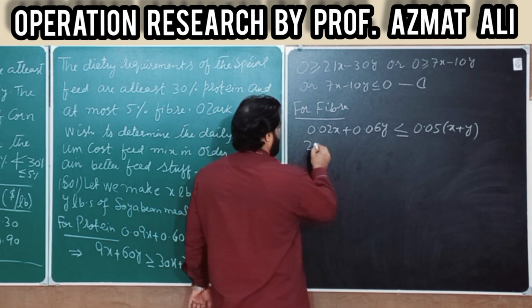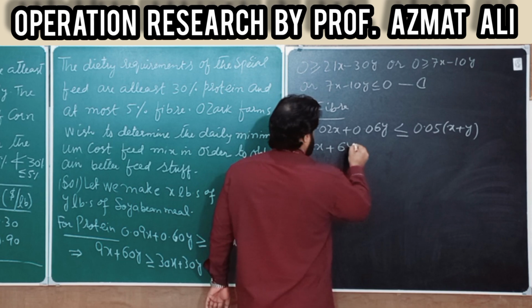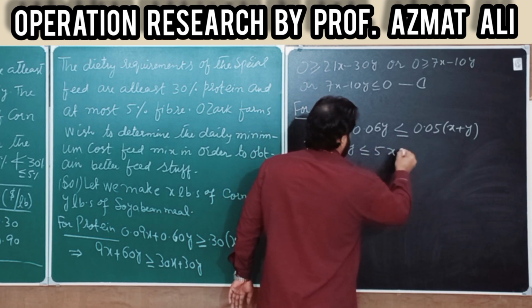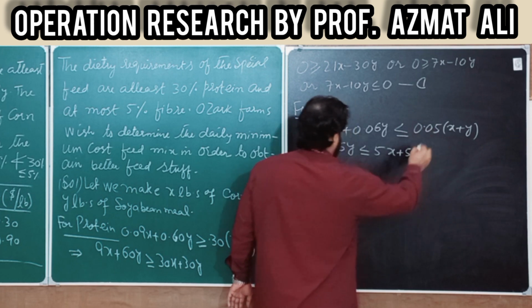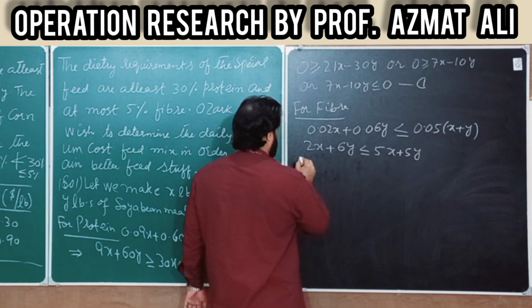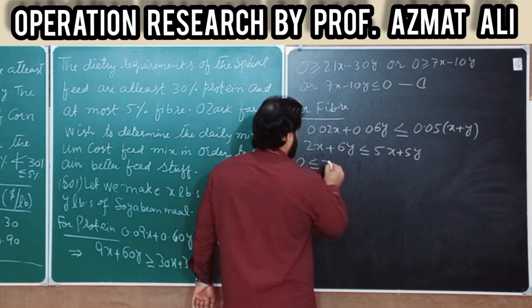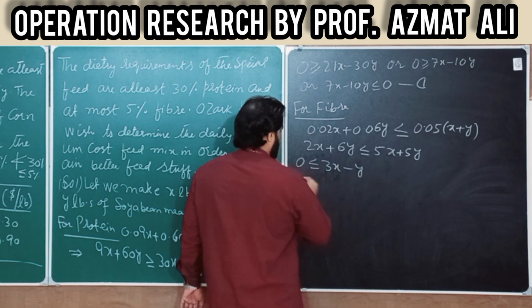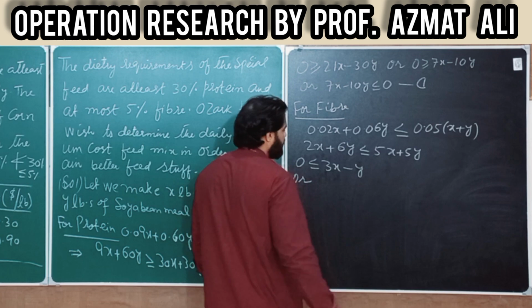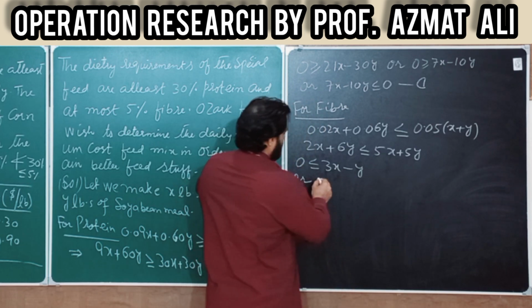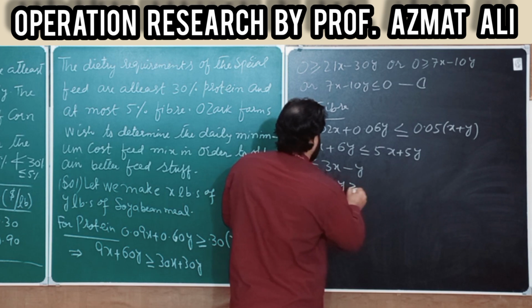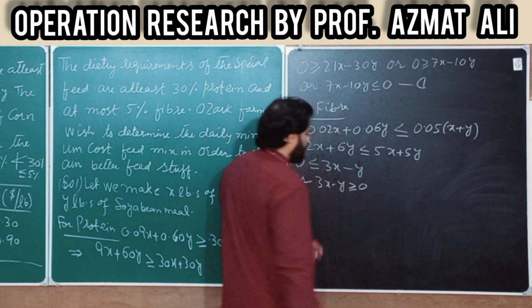We have 2x plus 6y less than equal to 5x plus 5y, or this can be written as 0 less than equal to 3x minus y, or 3x minus y greater than equal to 0.